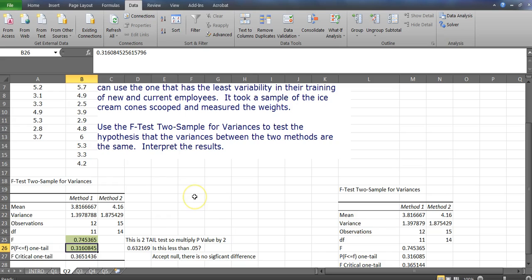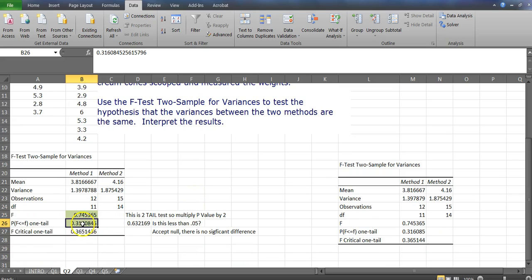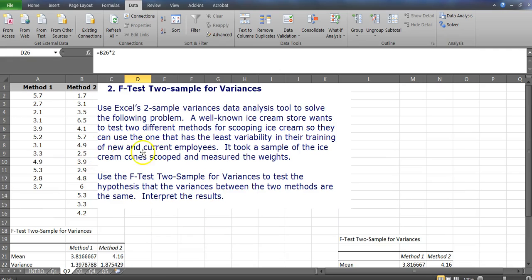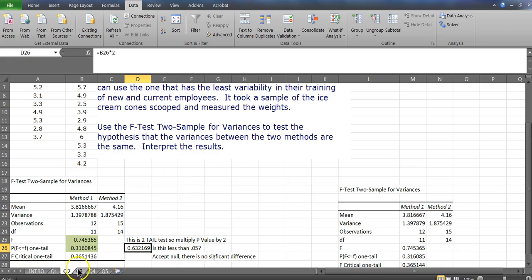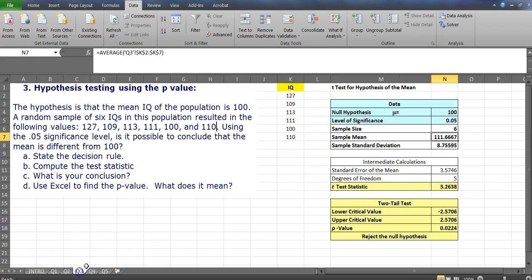It's not asking for any direction. However, this test is a one-tail test, so you have to take this one-tail p-value and multiply it by 2, and ask the question, is this less than 0.05? We know that it is not, so you can accept the null. There is no significant difference between the two methods. So be aware of the multiplication here on the p-value.